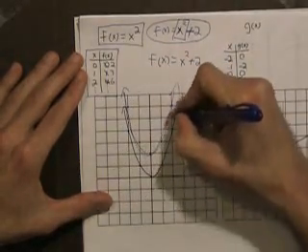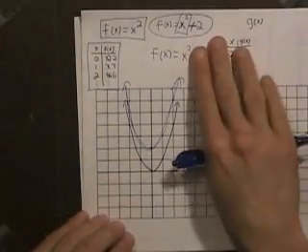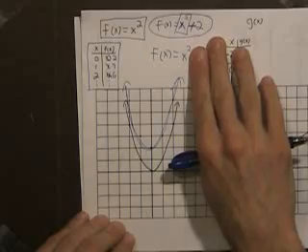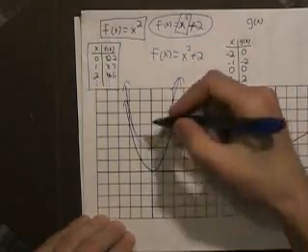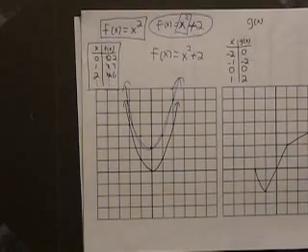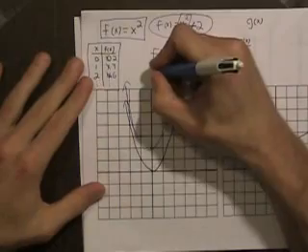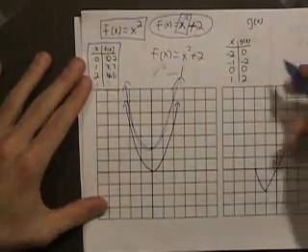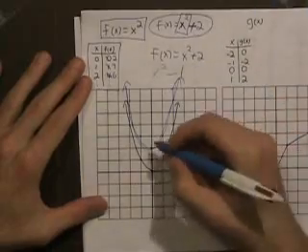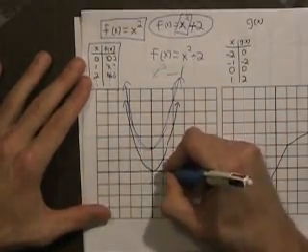So what I want you to get out of this is, if you know what the graph of a regular function looks like, and I say, what does it mean to graph that thing plus 2, it's just going to shift the entire thing up by 2 units. Similarly, if I wanted to plot, say, x squared minus 1, it's going to do the same thing, only it's going to take the original values and subtract 1 from all of them.